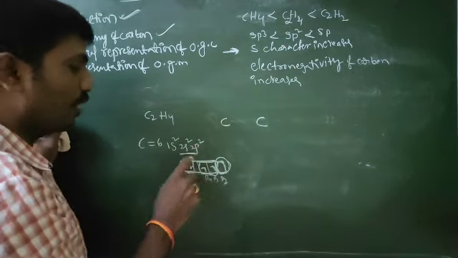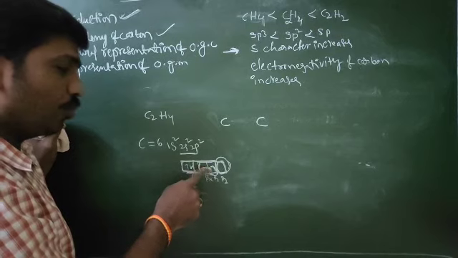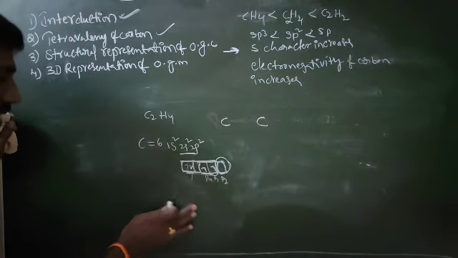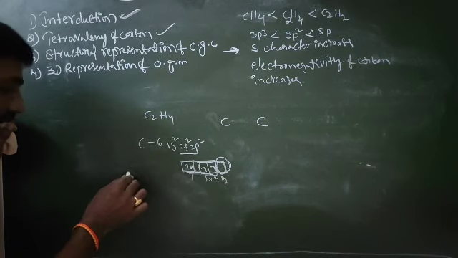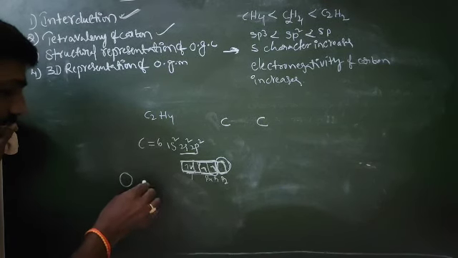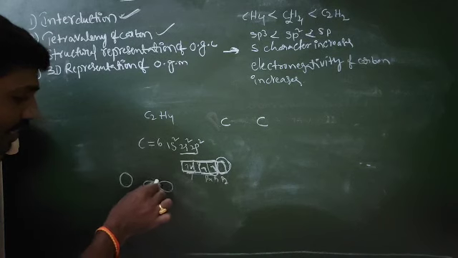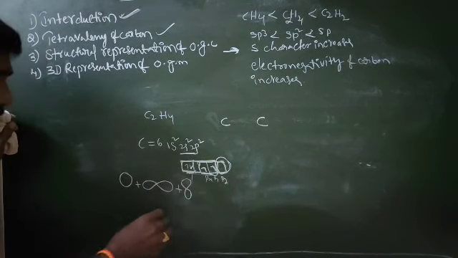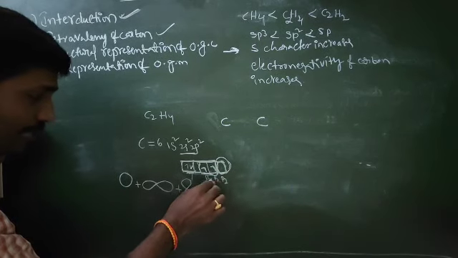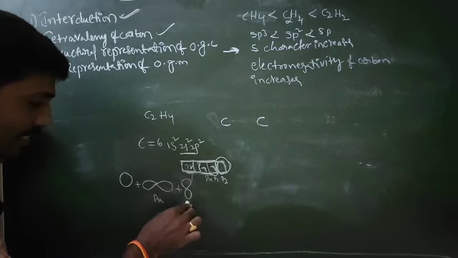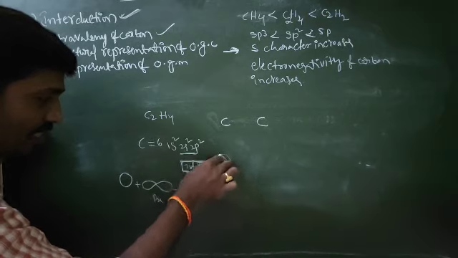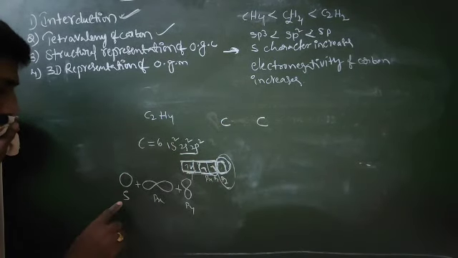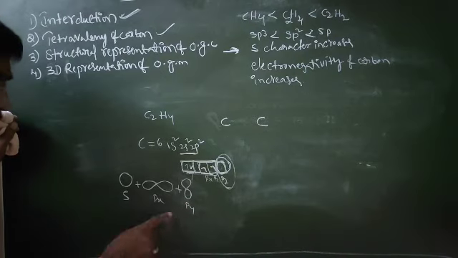That's why sp2: 1 s orbital and 2 p orbitals involved. You will also hear all this in the chemical bonding chapter. The s orbital is spherical in shape; for p orbitals, s plus one p and one more p, 2 p's. But one more p is there: px, py. This is px, this is py, and pz is there. This is not involved in hybridization. That's why sp2.